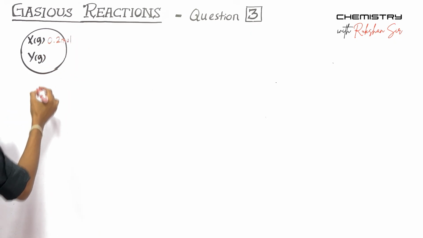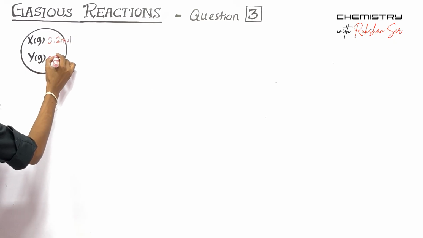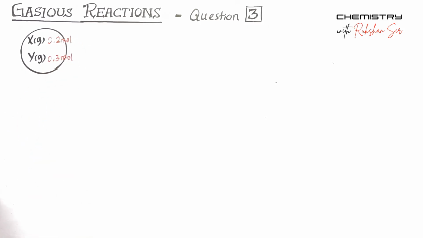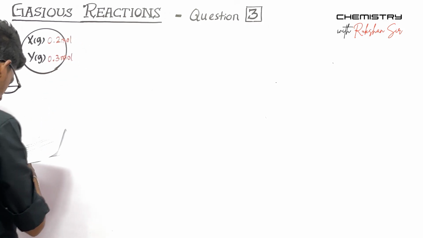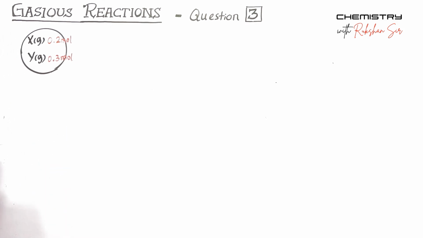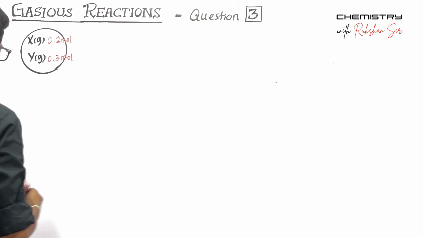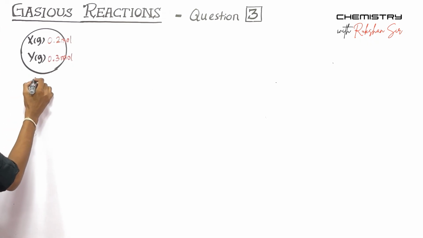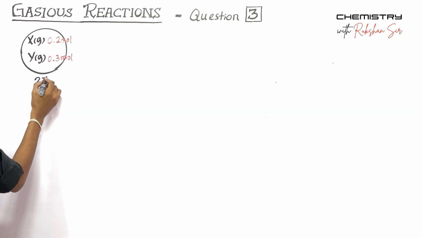With Y gas, it was 0.3 moles. At 25 Celsius. Now I change that to 27 Celsius. It should be 27 Celsius.